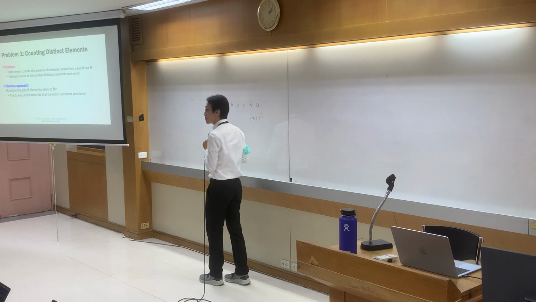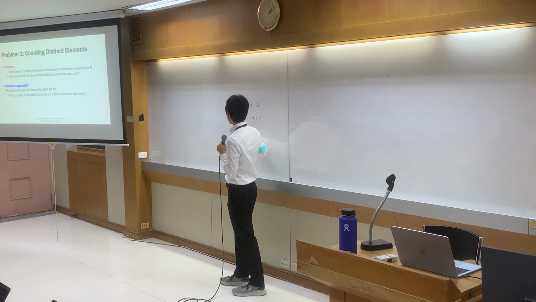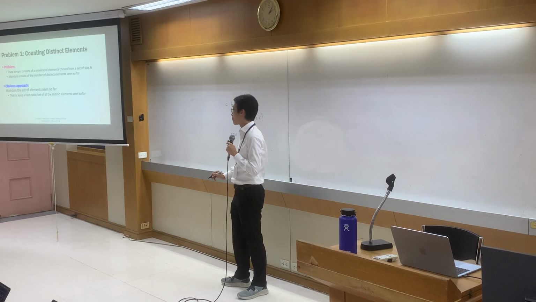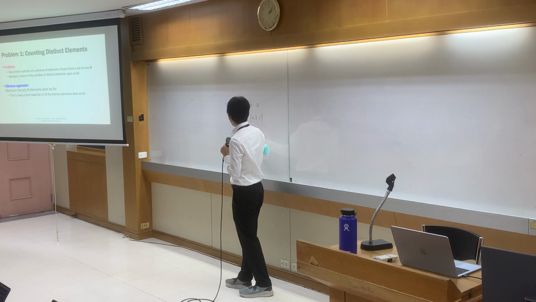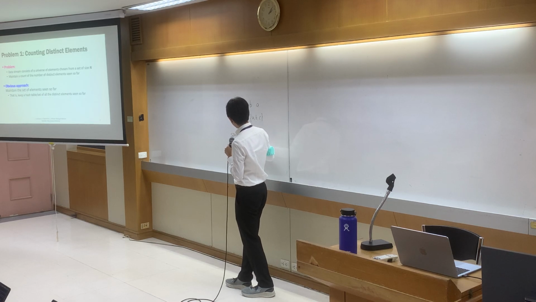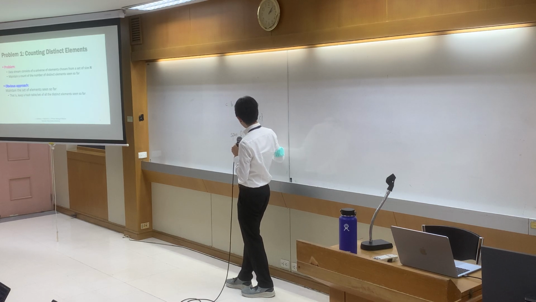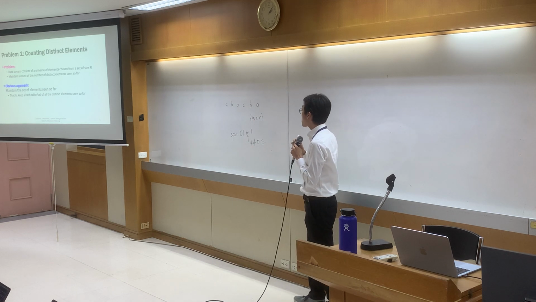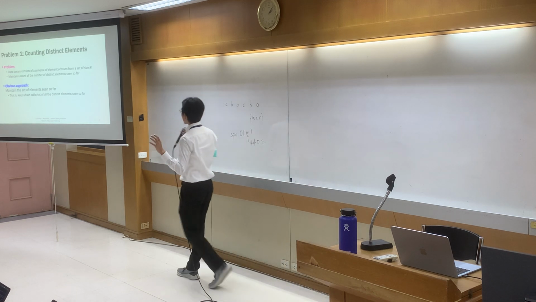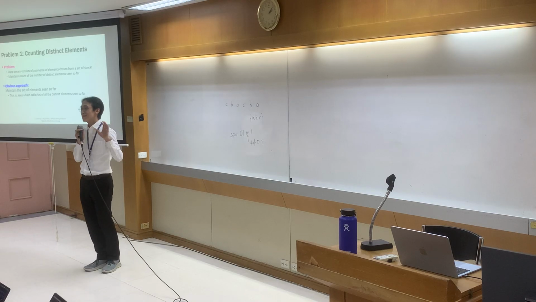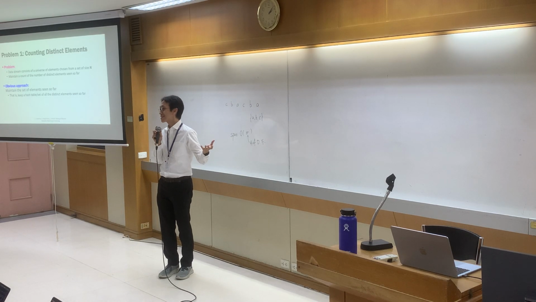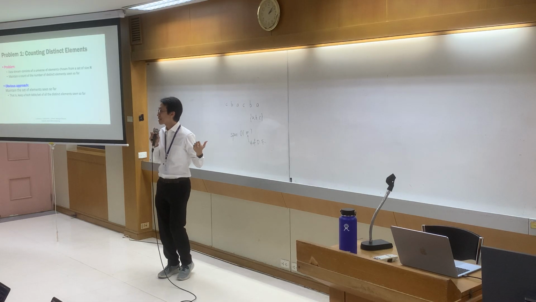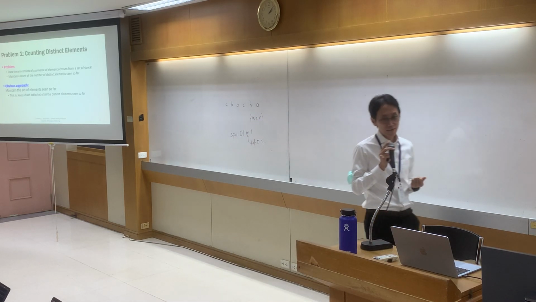Order of what? I'm going to use m for the number of distinct elements, which makes sense because the size of the set is determined by how many distinct elements we have.